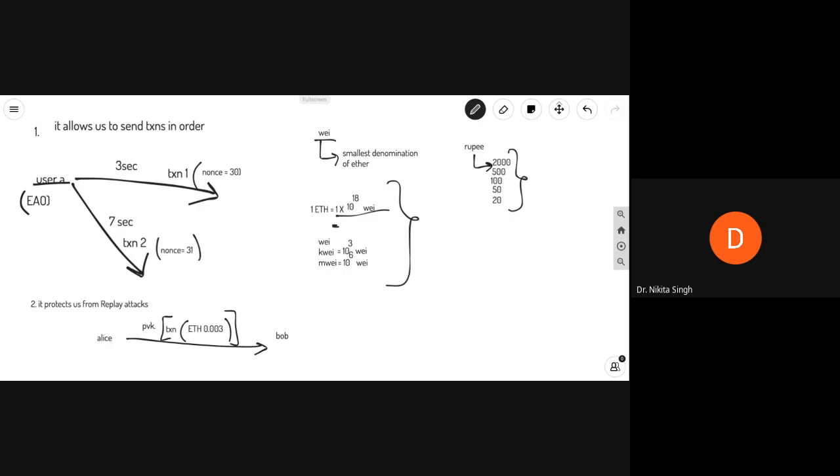That is, you have an Ethereum address, you will have some cryptocurrency ether associated with that Ethereum address, and that information is also present in your account. And these are the denominations in which ether can be expressed. It could be Y, it could be KY, MY, GY, many types of denominations. Okay, and Y is the smallest denomination.